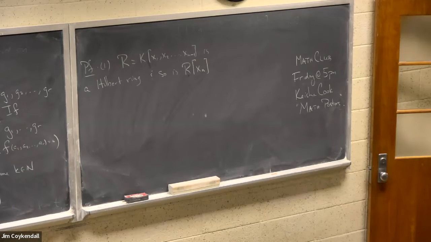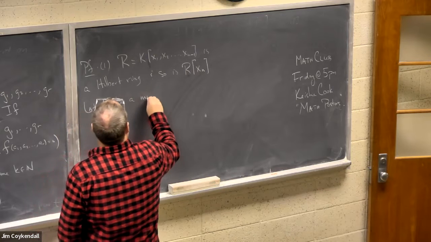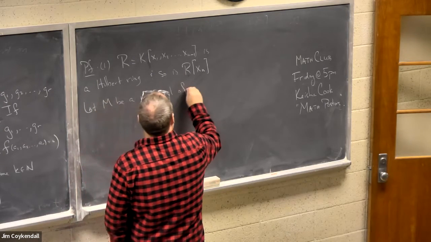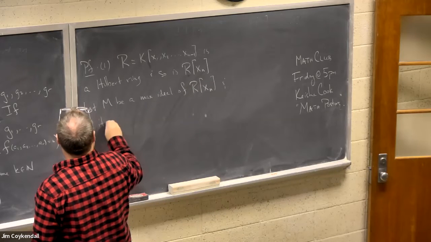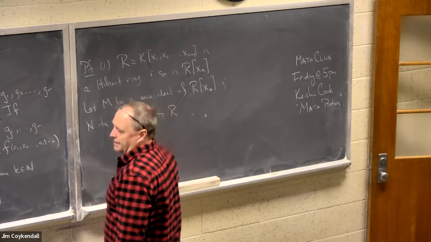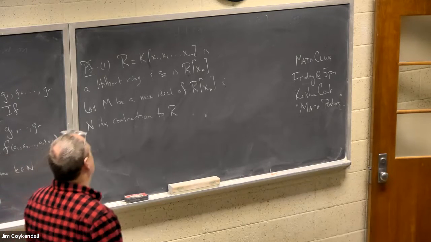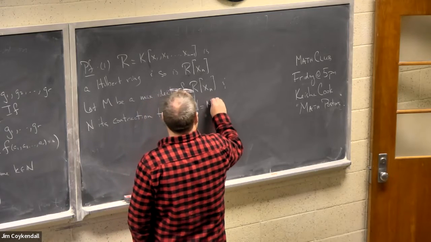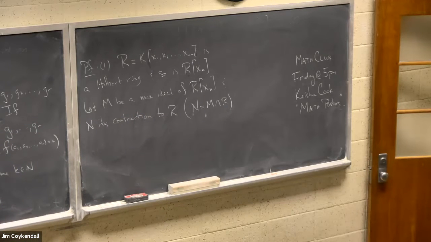If we let M be a maximal ideal of R[xn], and N its contraction to R, that is to say, N is equal to M intersect R, then N is a G ideal.